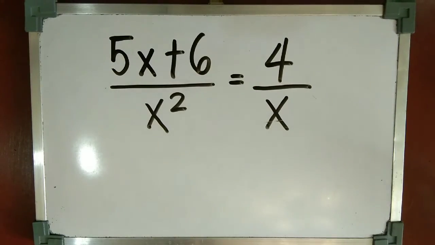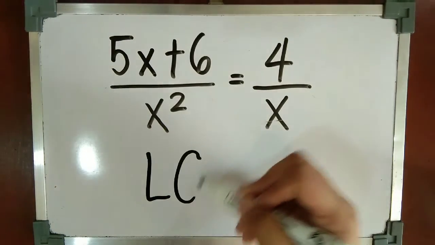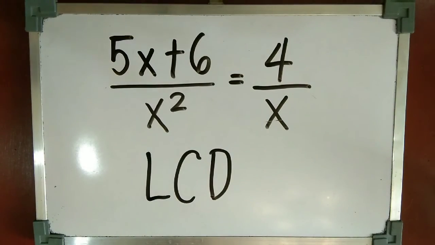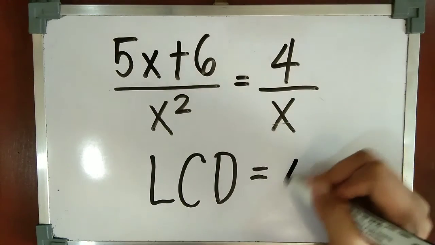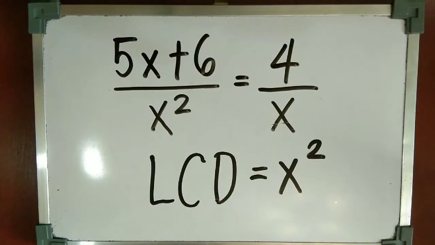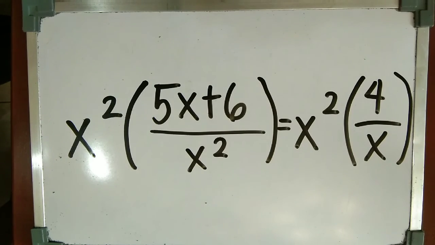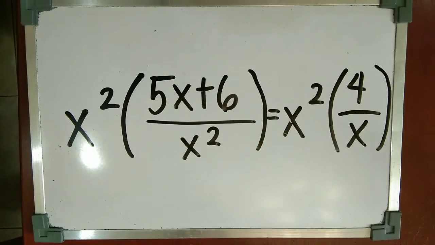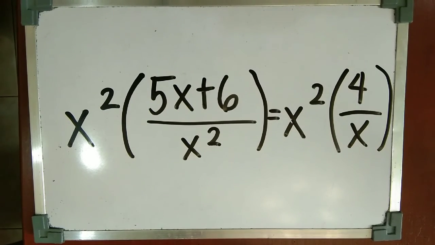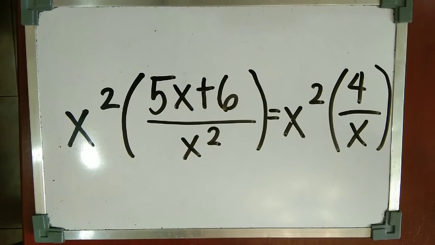Start by finding the LCD of each term. In this equation, the LCD is x squared. Next, multiply each term with the least common denominator. x squared times the quantity of 5x plus 6 over x squared is equal to x squared times the quantity of 4 over x.